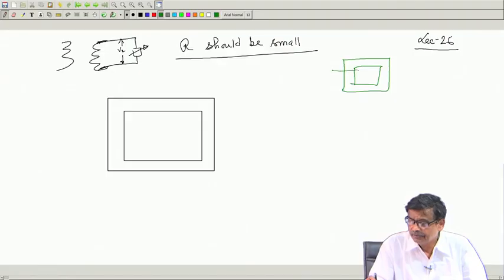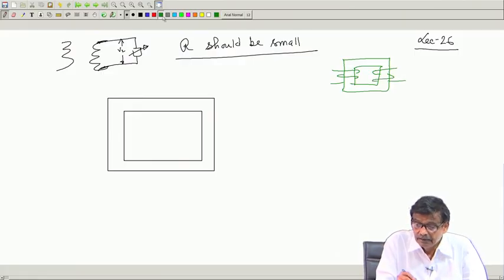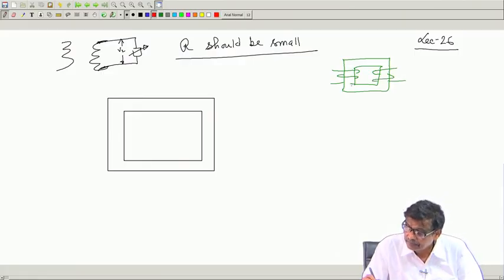This is suppose the one winding primary I drew while we started discussing. Then I told there will be flux, mutual flux, which links both the primary and secondary. This is the mutual flux, phi mutual, and there will be leakage flux, which will be linking only primary or only secondary.